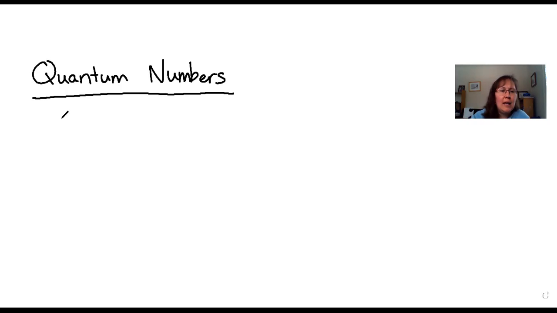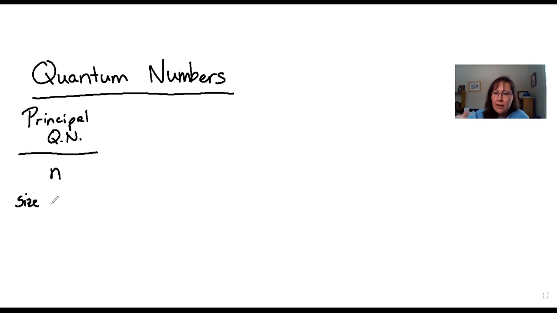The first one is the principal quantum number, which is called n. And n can be a variety of values, but first of all, n is the size and the distance from the nucleus of our energy levels.